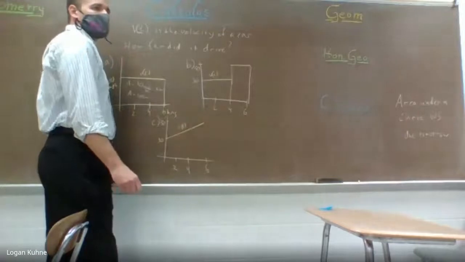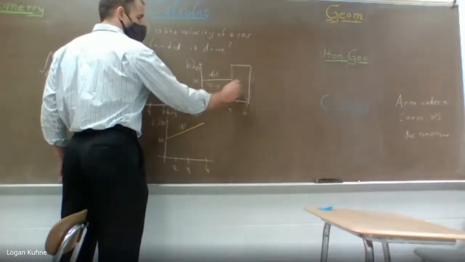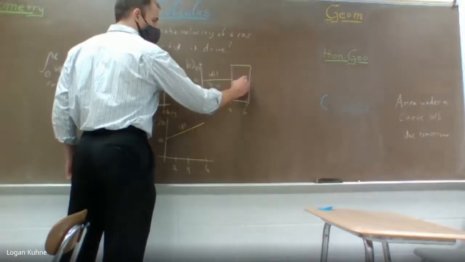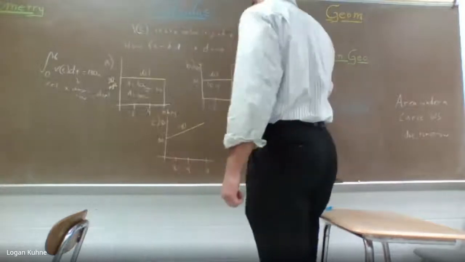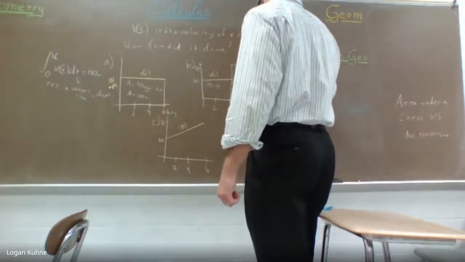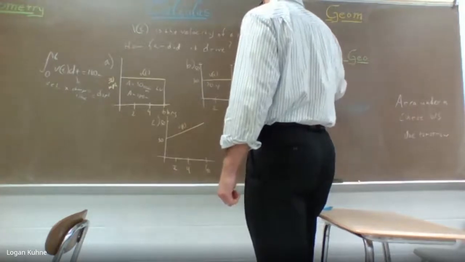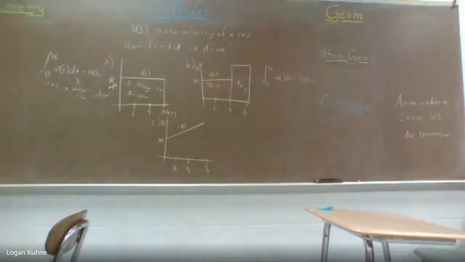You made two rectangles. 30 times 4, 50 times 2. For this one, 0 to 6 hours, 220 miles. Great.